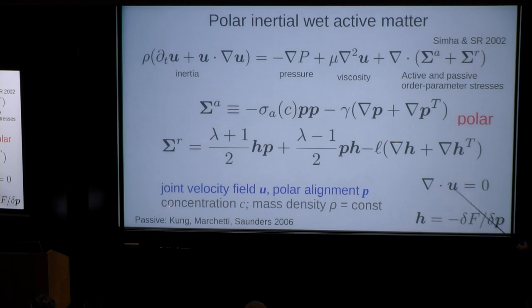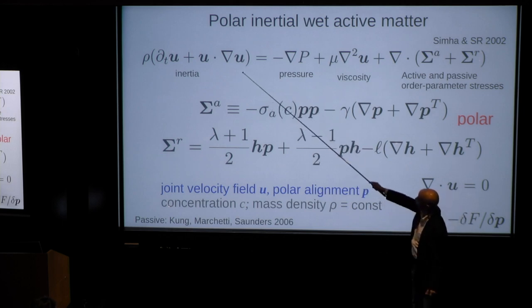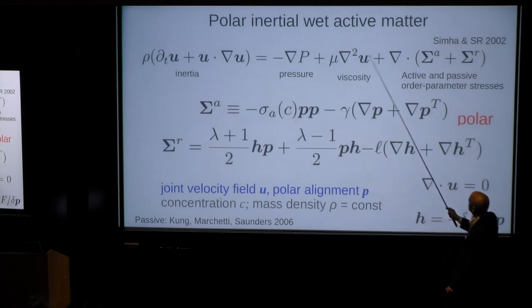And it turns out the full story, although technically complicated, is rather interesting. So the complete hydrodynamics of a velocity field and a polar orientation field looks like this. So you've got terms that you're familiar with, and you have stresses coming from conventional orientational ordering as in equilibrium liquid crystals, and you have a new bit of the stress, which is the active stress.